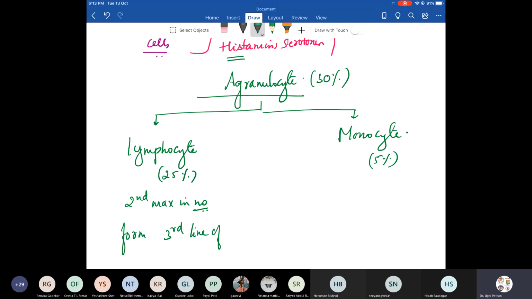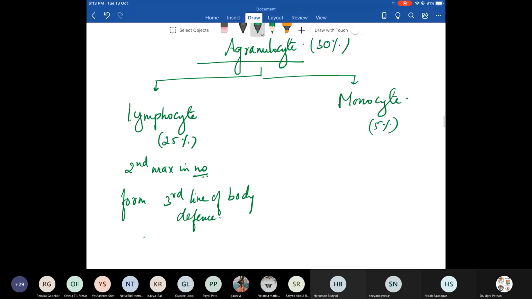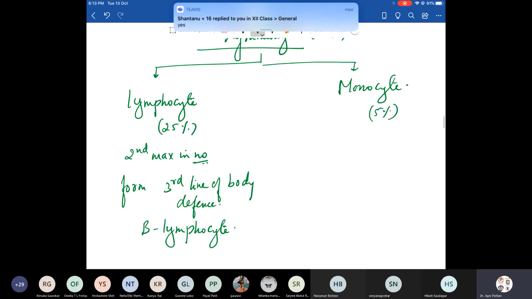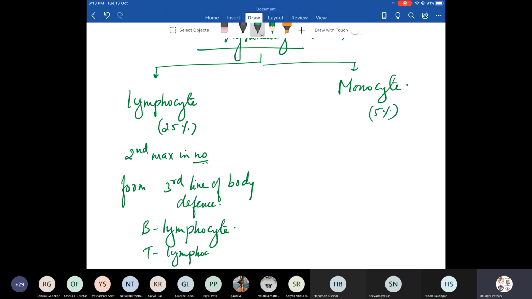Do you remember the third line of body defense? First line, second line, third line. We discussed this. Which are the two lymphocytes? B and T lymphocytes.